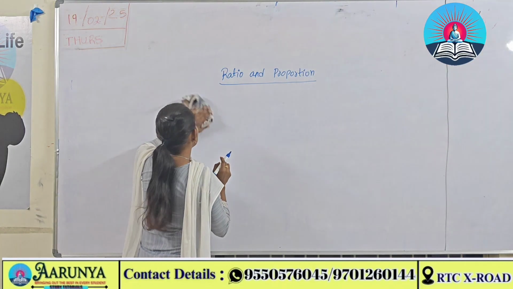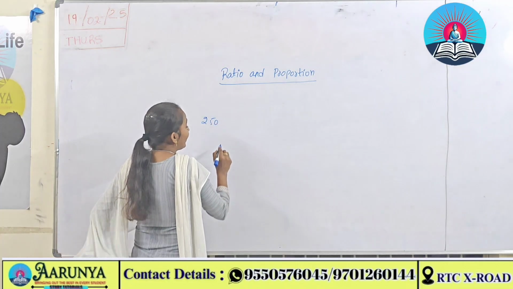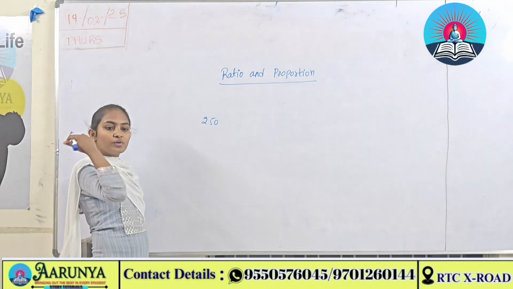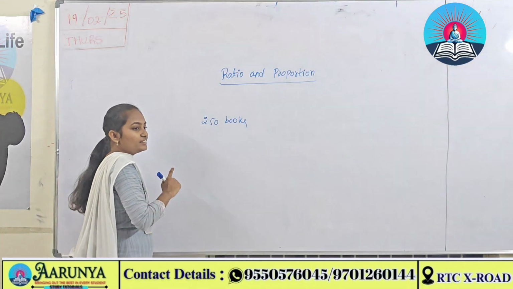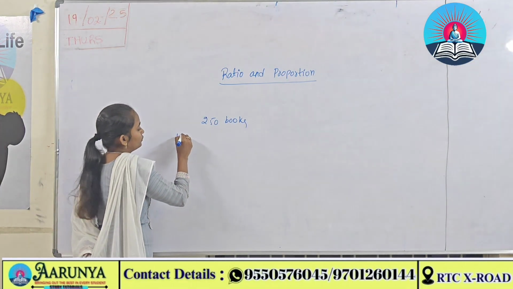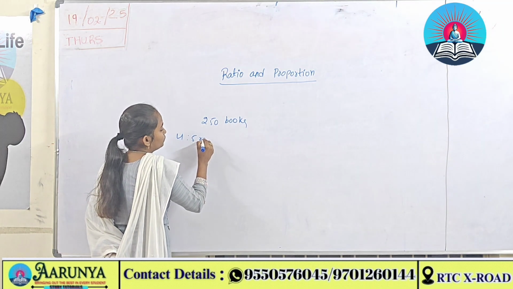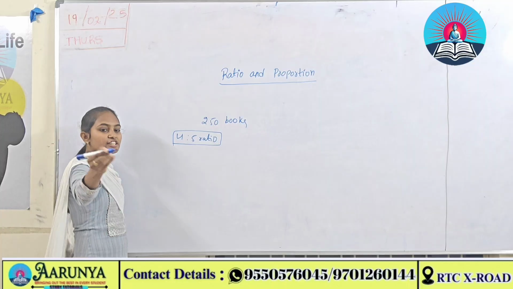Not 1000, I will give 250. I have 250 books. I want to share these 250 books to both of you in 4:5 ratio, to Hanish and Likit.